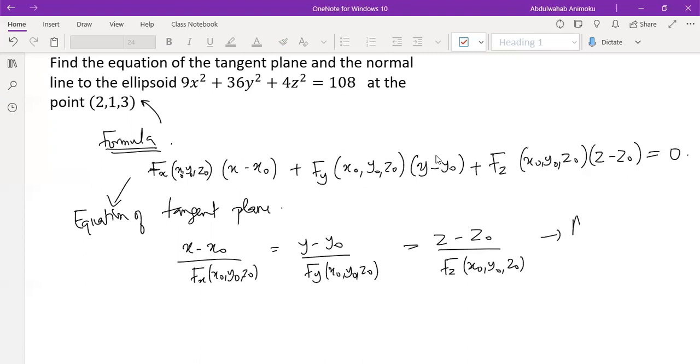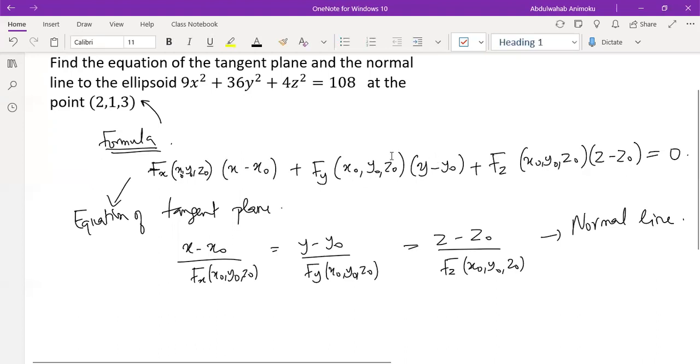Now this is the normal line, right? Okay, now let's quickly apply these formulas to figure out the solution to this problem.